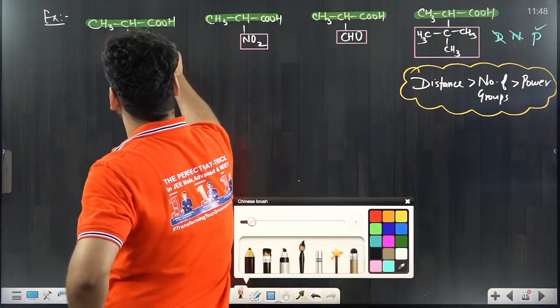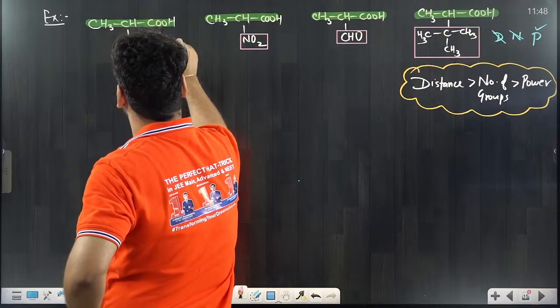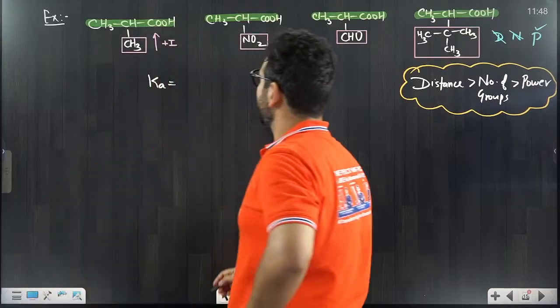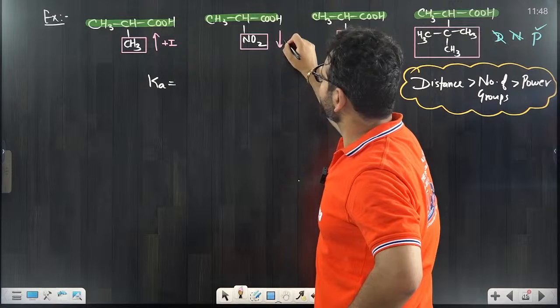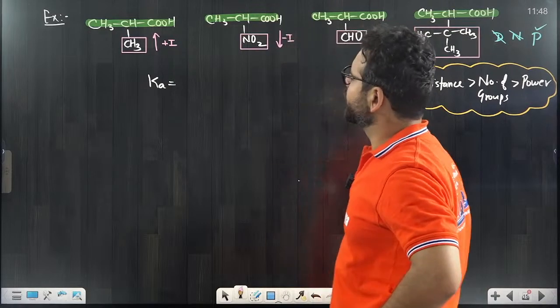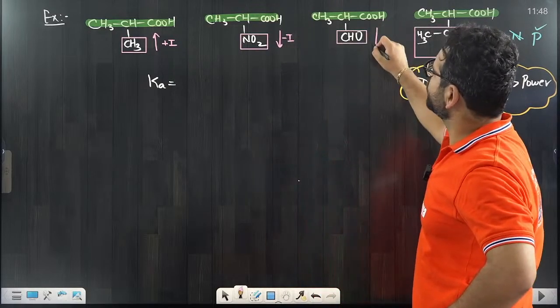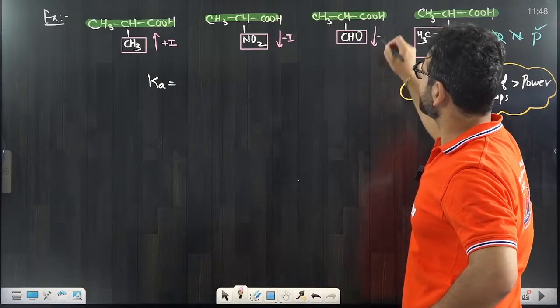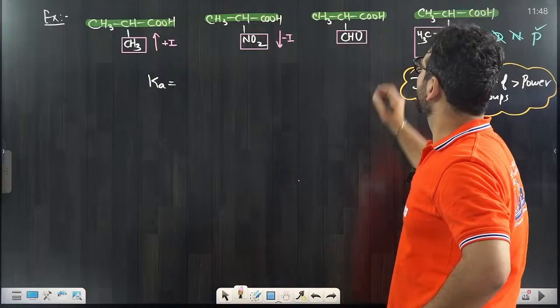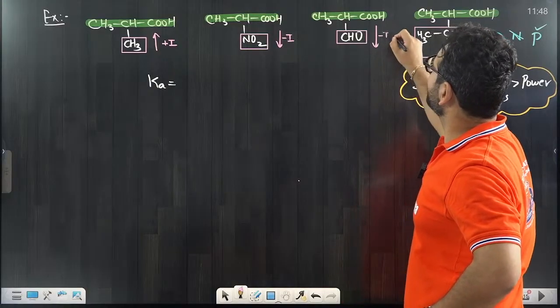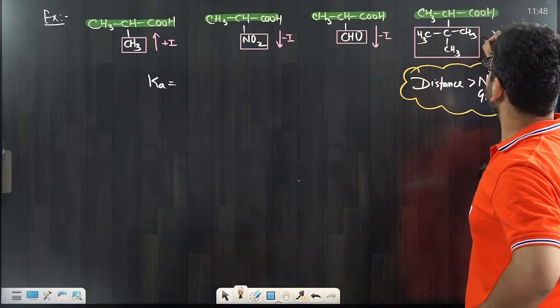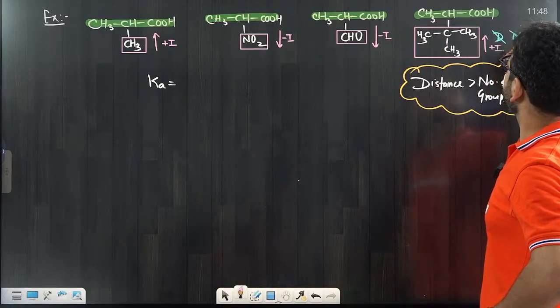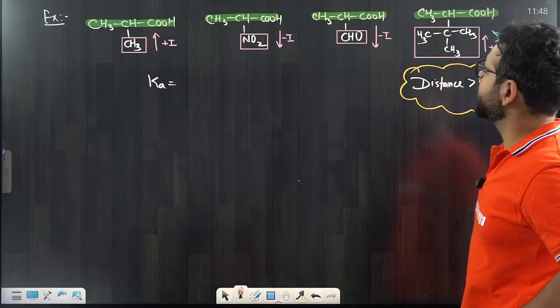CH3, all of you know, is a plus I group. It will send electrons. NO2 is a minus I group. CHO is again minus I. And any alkyl group like this is a very strong plus I. So this is plus I maximum, which is the tertiary alkyl group.